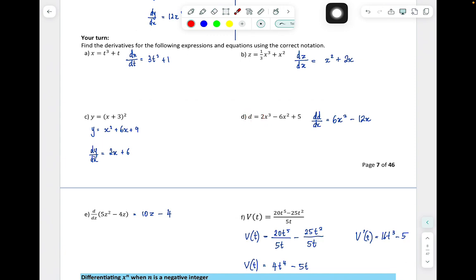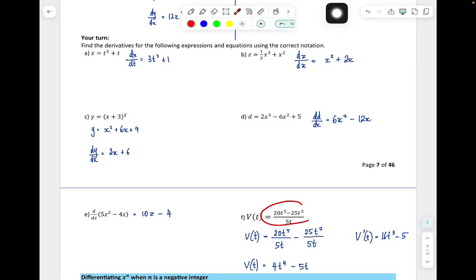dx, Leibniz notation, dy dx. Operator notation, just a simple equals. And function notation, so you have the dash when you differentiate, v dash of t.